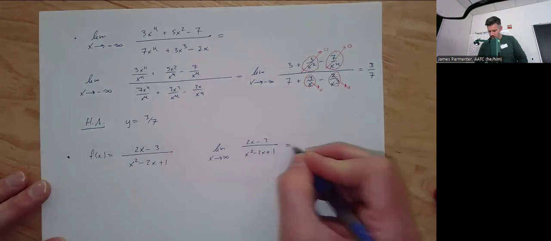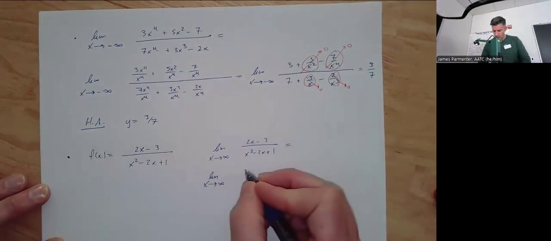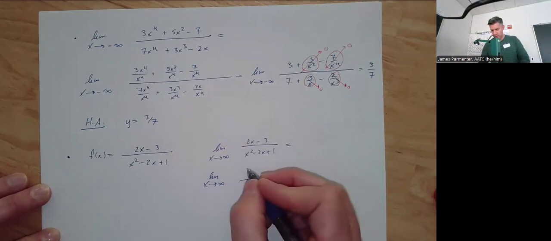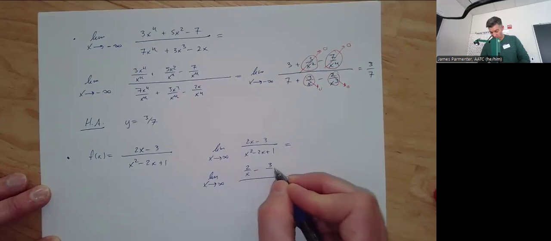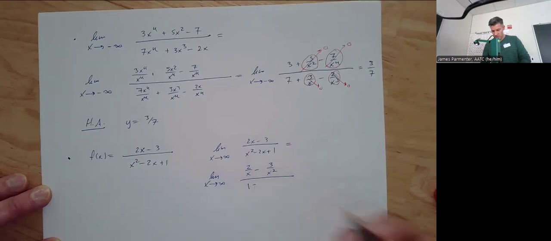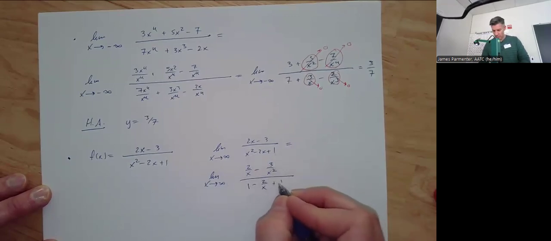So here we're going to get the limit as x approaches infinity. Let's just divide and do the simplification. 2x divided by x squared is going to be 2 over x. 3 divided by x squared is 3 divided by x squared. x squared divided by x squared is 1. 2x divided by x squared reduces to 2 over x. And 1 over x squared is 1 over x squared.